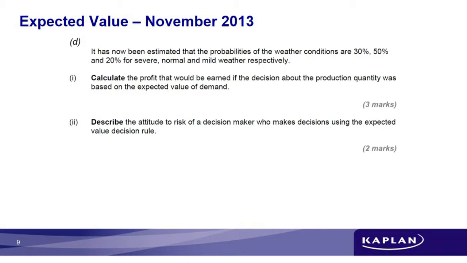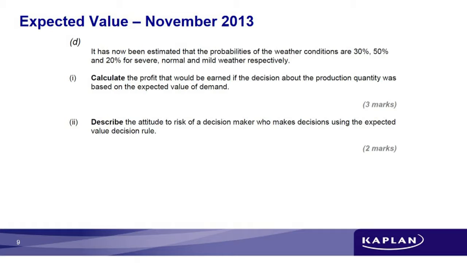Now we're going to consider the next part, because we're trying to answer question C, which asked us to prepare a payoff table. Now section D gives us the following.